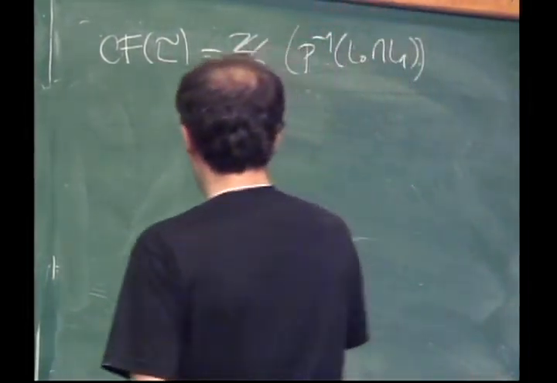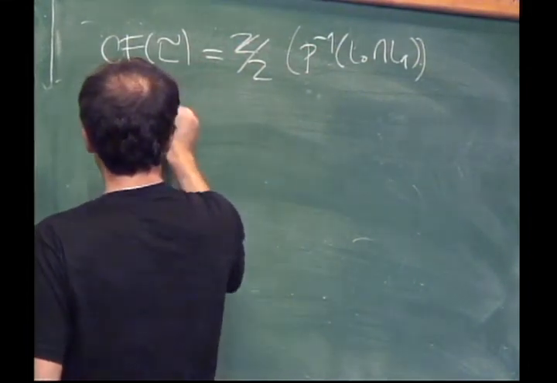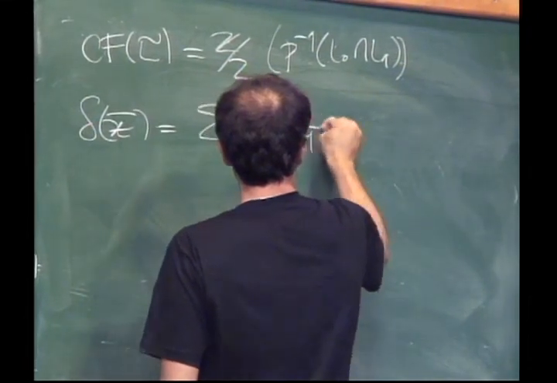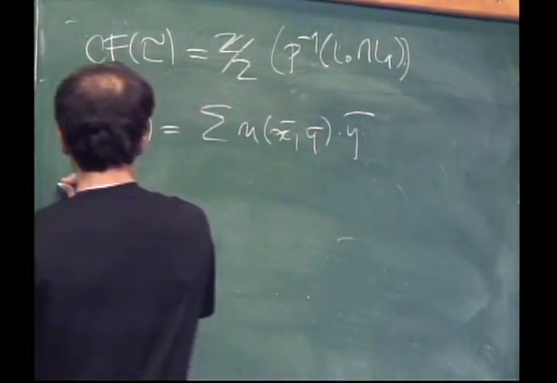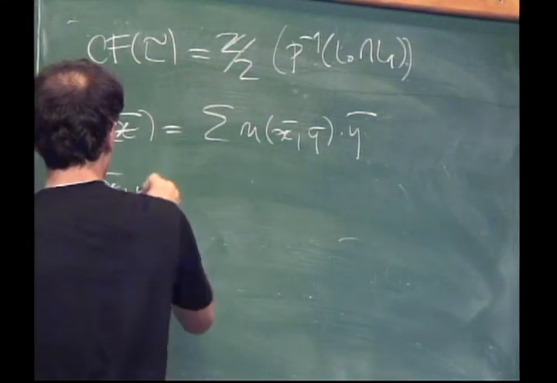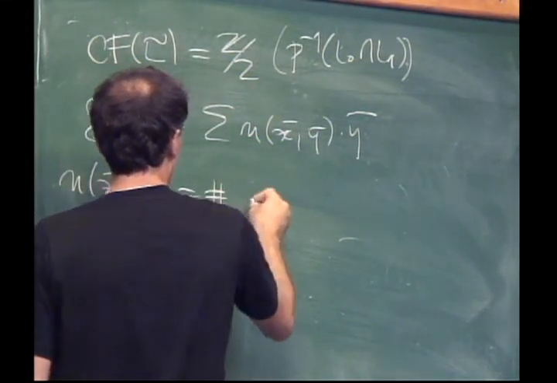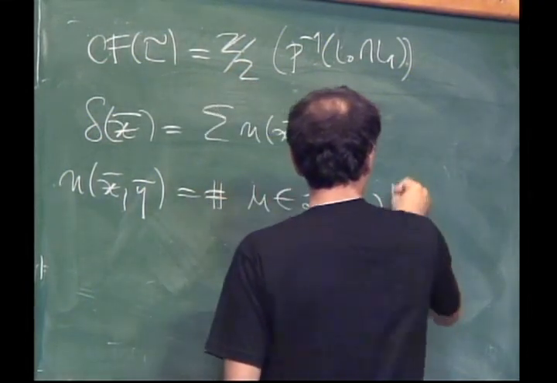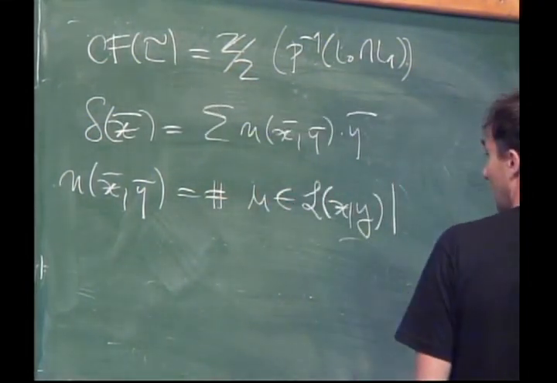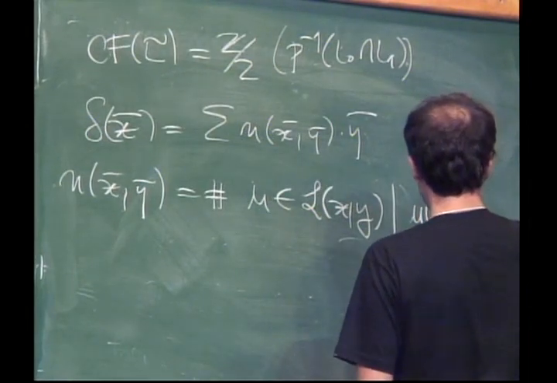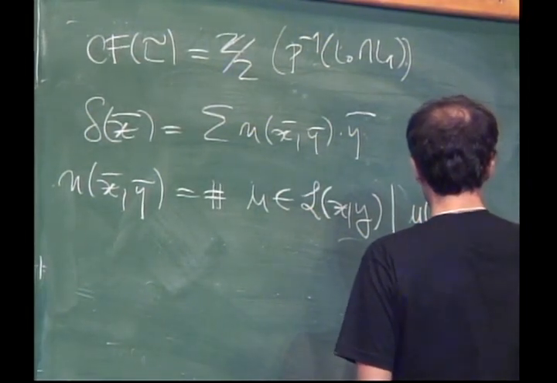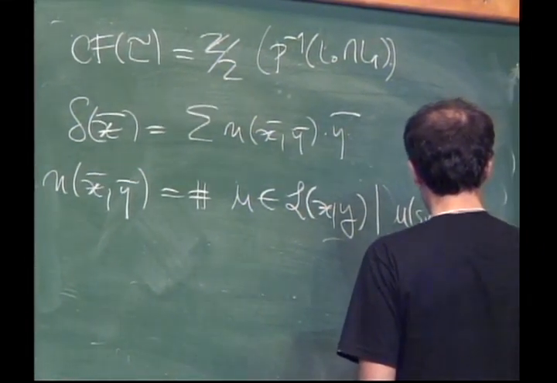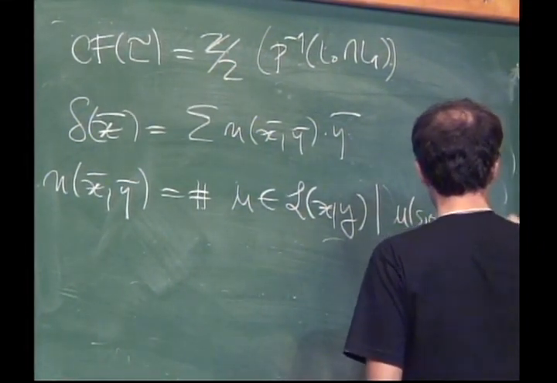And as a differential, dx bar is the sum of n(x bar, y bar) y bar, and n(x bar, y bar) is the number of u in the moduli space of L, x, y, so it's finite, of course, such that u(s,0) lifts between x bar and y bar.